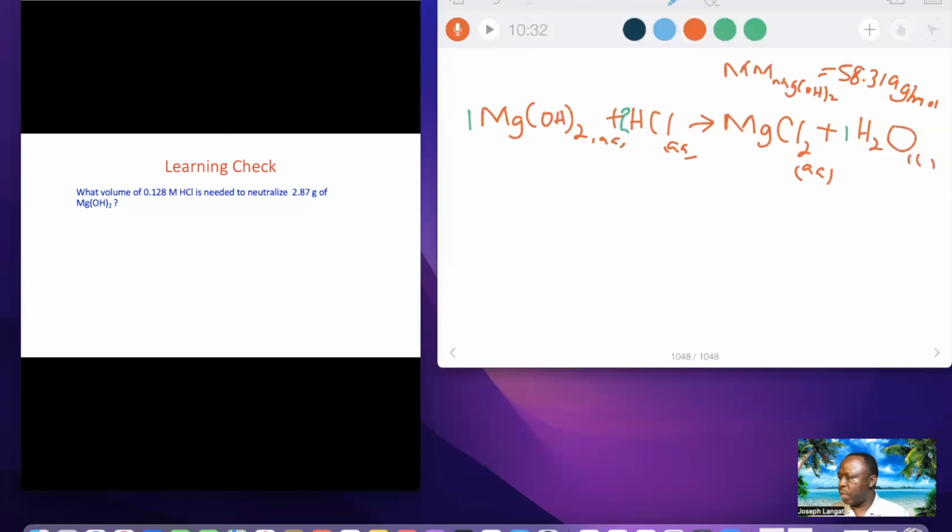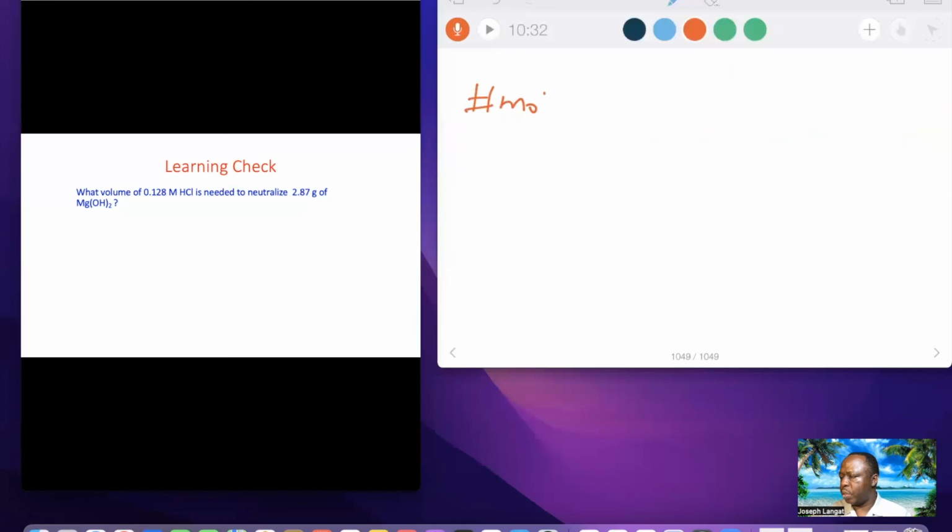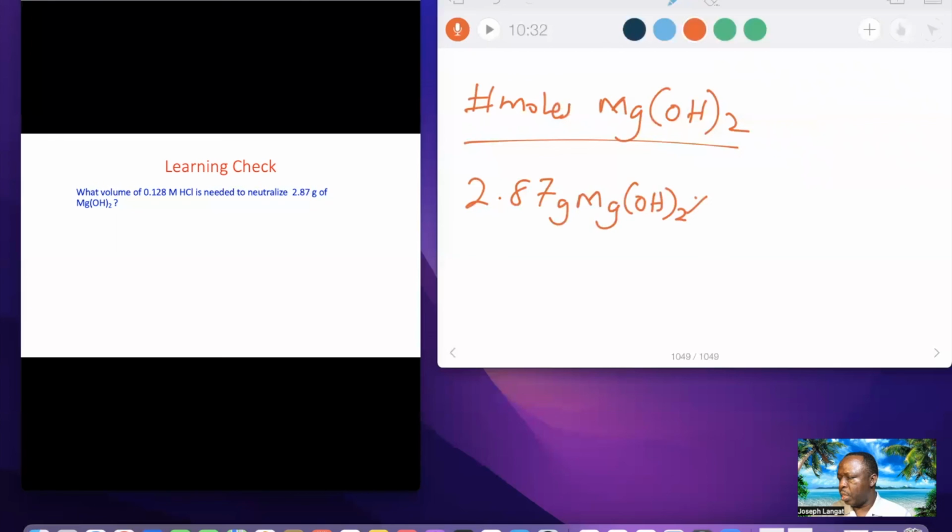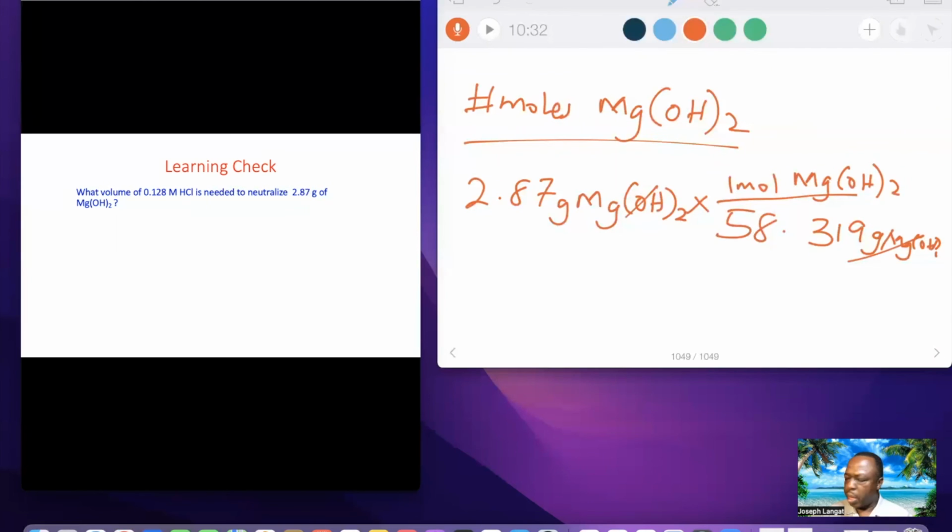Therefore, the number of moles of Mg(OH)2 is 2.87 grams of Mg(OH)2, using the molar mass as a conversion factor, 1 mole of Mg(OH)2 over 58.319 grams of Mg(OH)2. The grams will cancel, and I have here 0.0492 moles.